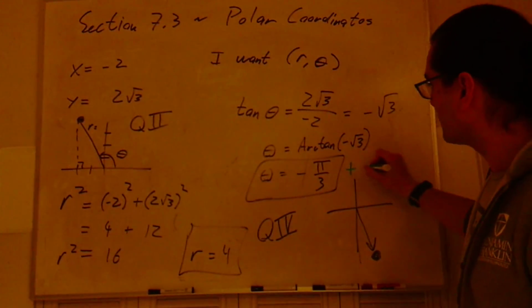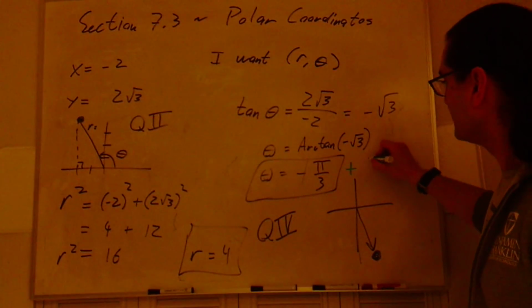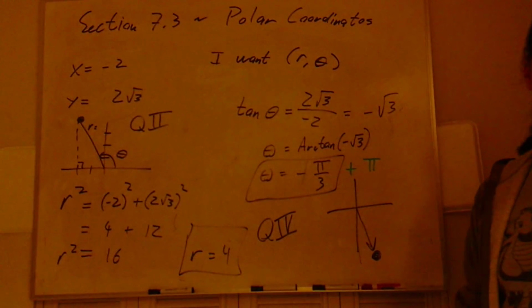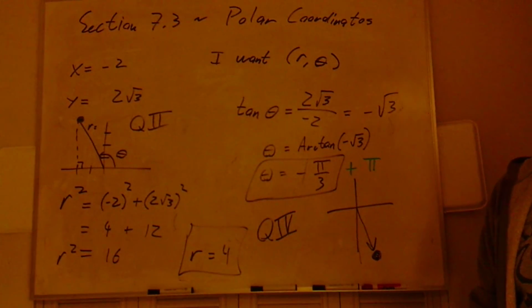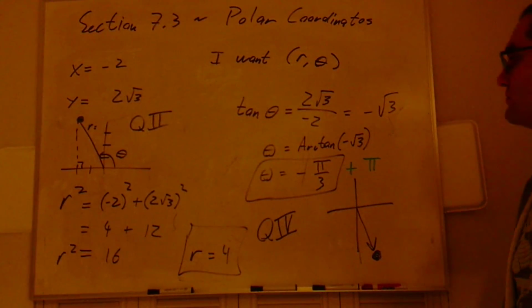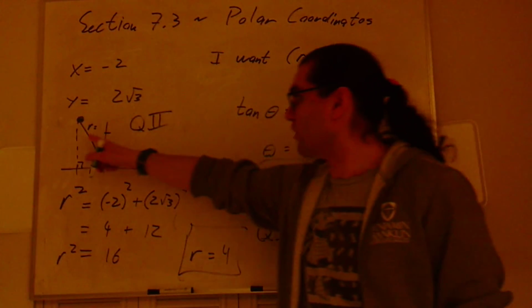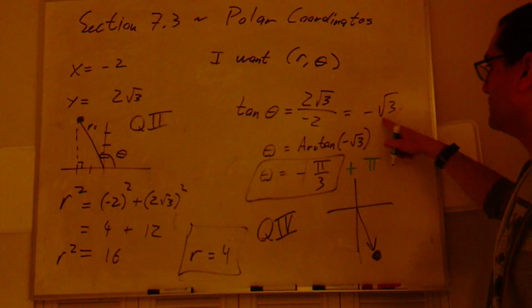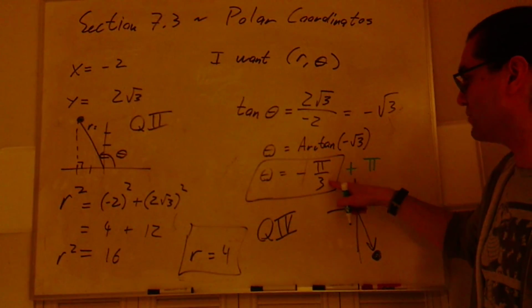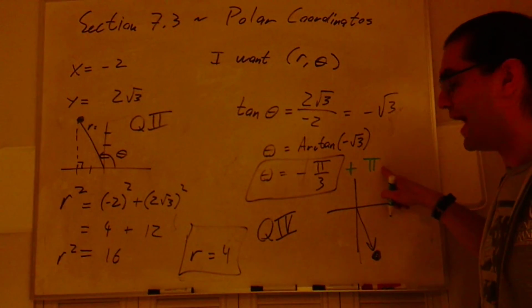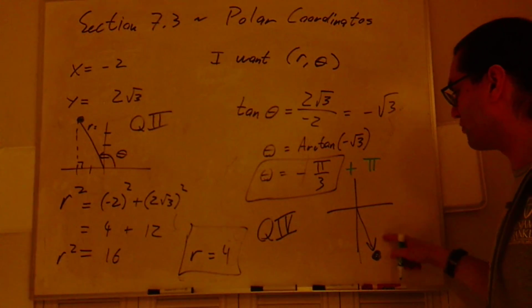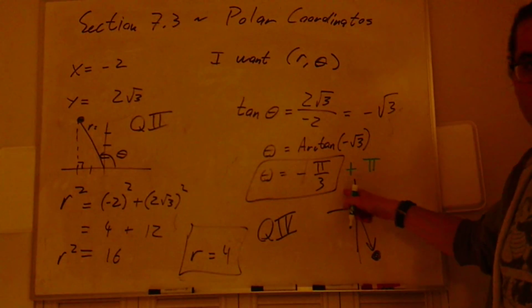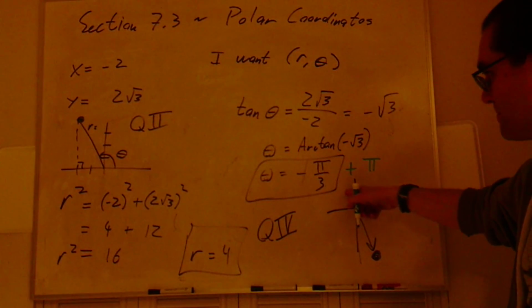If you get an arctan angle that's in the wrong quadrant, you can add pi to it. If your point is in quadrant 2, it means that your tangent value will be negative. Arctan will give you a quadrant 4 angle. Adding pi to your quadrant 4 angle will put it in quadrant 2, and this will solve your problem.